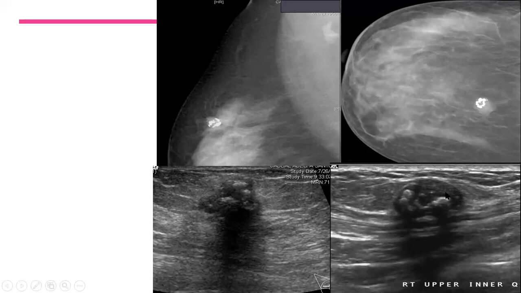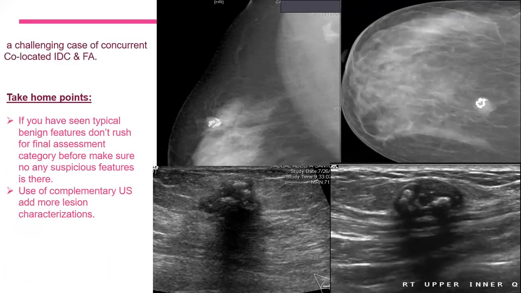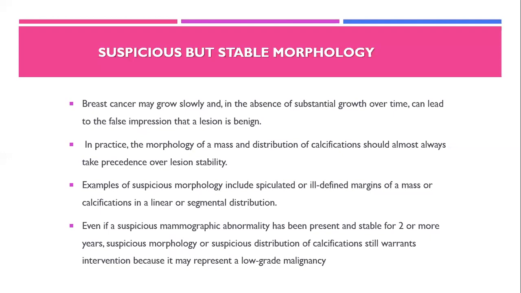Well defined. Yeah, this is circumscribed. So we have to be cautious when we evaluate hyalinized fibroadenoma, okay? And if you have seen typical benign features, don't rush to a final diagnosis before you make sure there are no suspicious features. And we have to use complementary ultrasound for further characterization, okay?